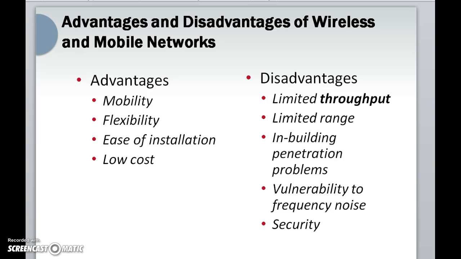Some of the sources could be thunderstorms and lightning, which create radio waves, high voltage cables, and fluorescent lights. Another disadvantage could be security. Wireless network traffic can be captured with sniffers. We will talk more about sniffers in the security chapter of this book.